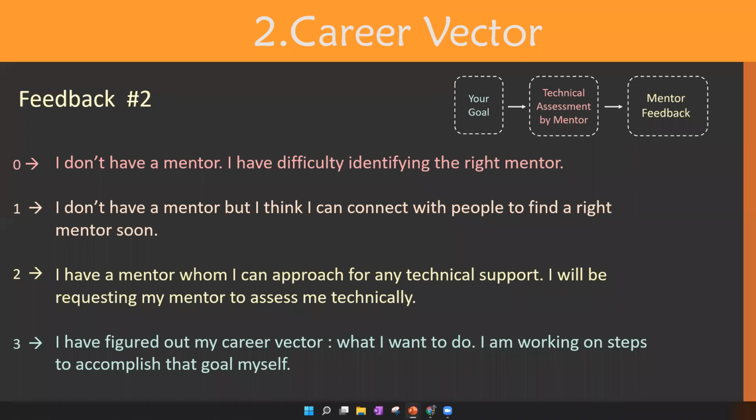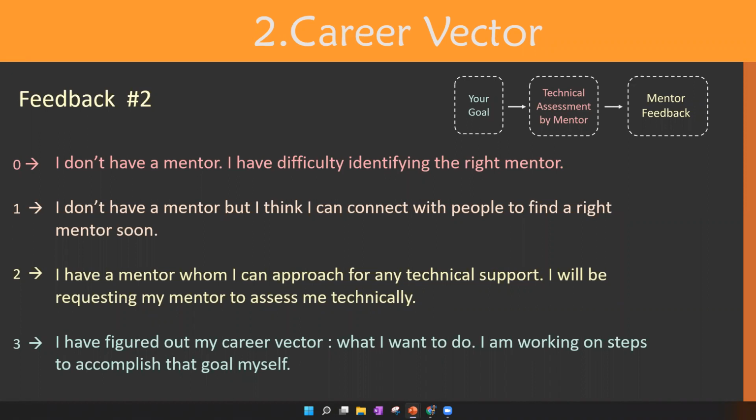If you have a mentor and you can approach that person for any technical support, and you're going to do that pretty soon, then please go with 2. And finally, if you think you have figured out your career vector, you know what you want to do, and you're working towards accomplishing that goal, please go with choice 3.